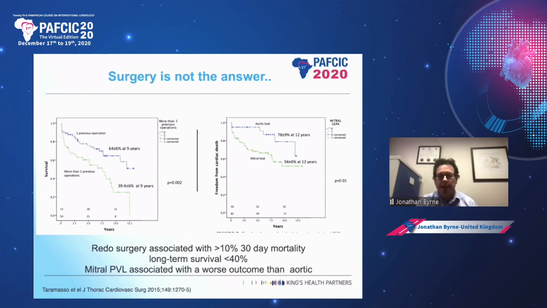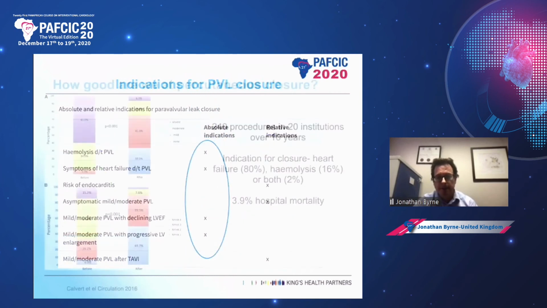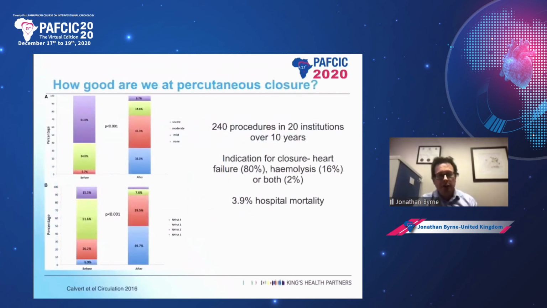It's well over 10% with a single redo and more than 20% with more than one operation. Those patients with mitral leaks have a worse outcome than those with aortic paravalvular leaks if they undergo surgery. In my view, this should be a last resort for this patient population, particularly if there's a good interventional option.